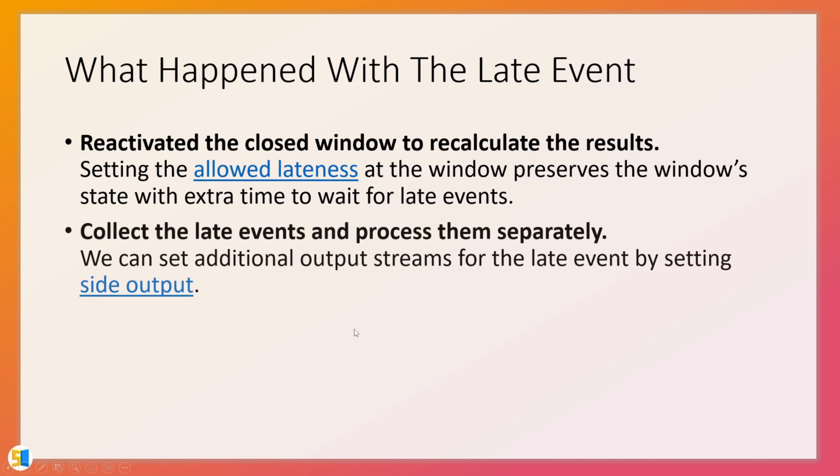The second strategy is to collect the late events and process them separately by setting a side output, basically an additional output stream. Otherwise, by default, Flink will discard the late events.